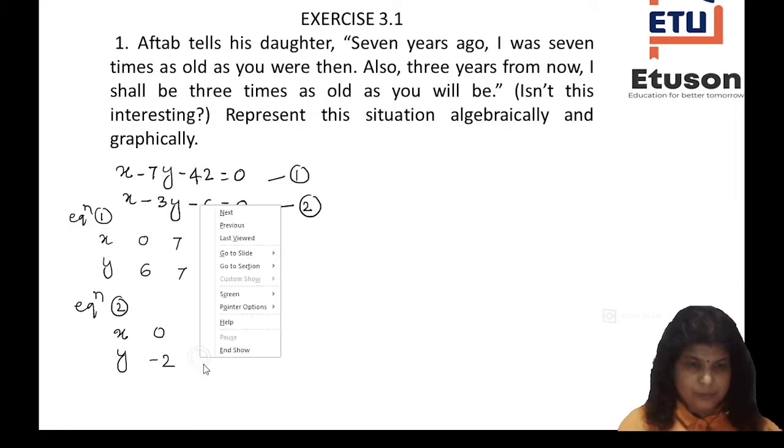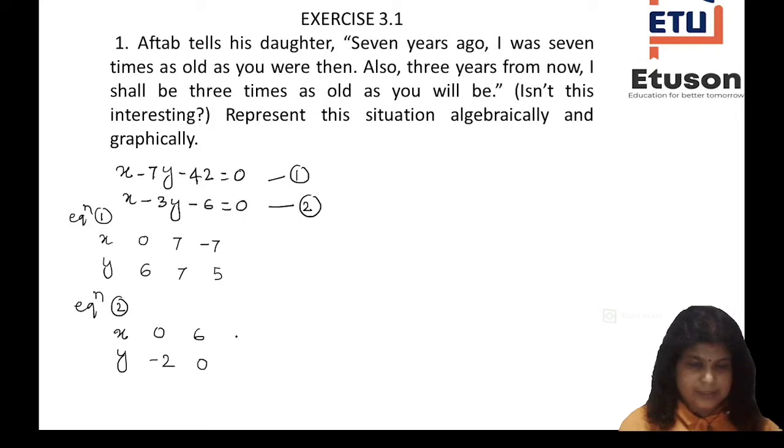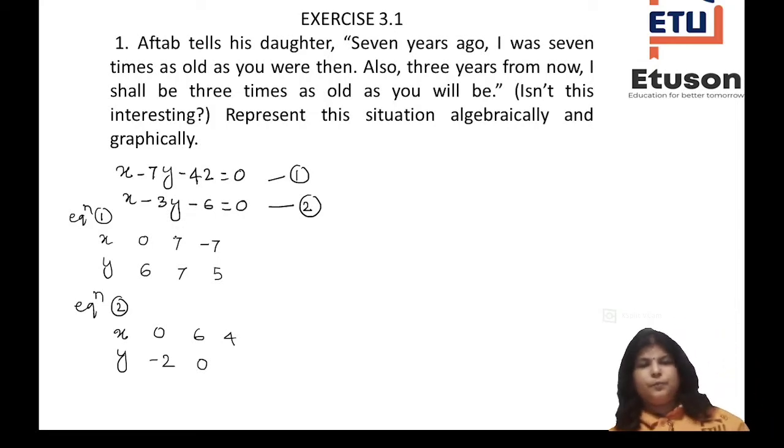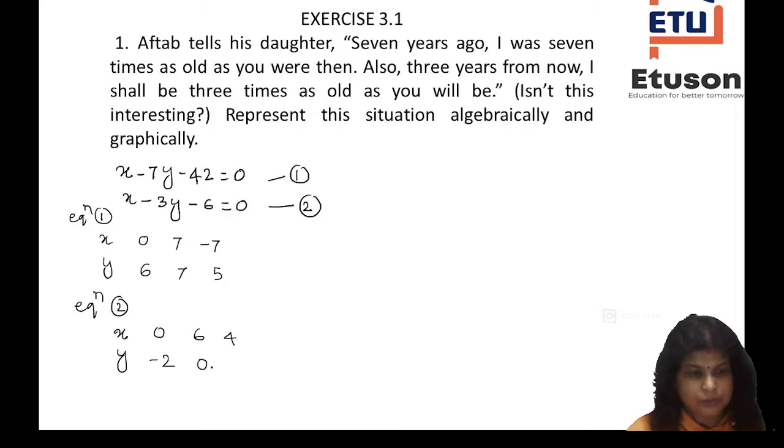If you take y is equal to 0, you are getting x is equal to 6, and if you take x is equal to 4, then you will be getting 4 minus 3y minus 6, so minus 2, and you will get y equal to minus 2 by 3.